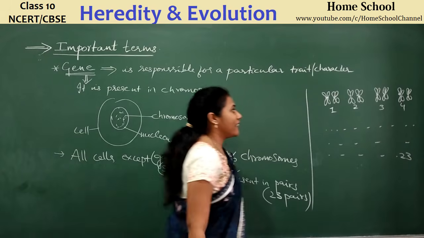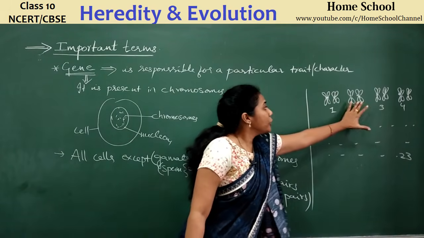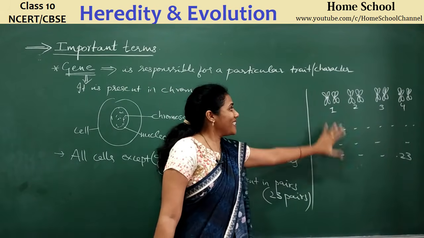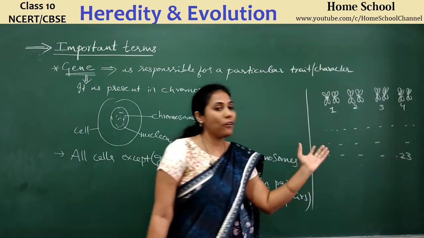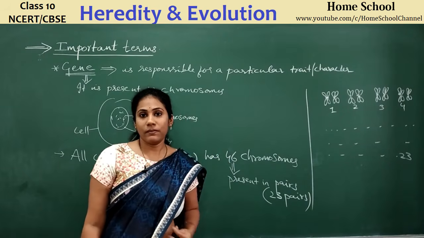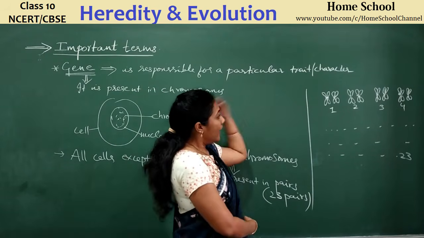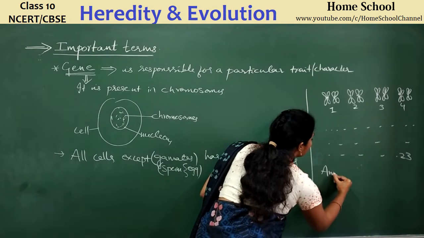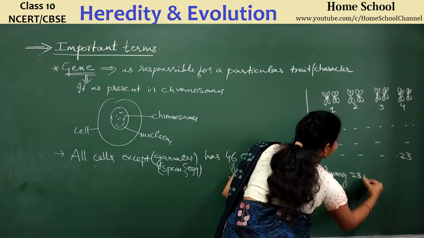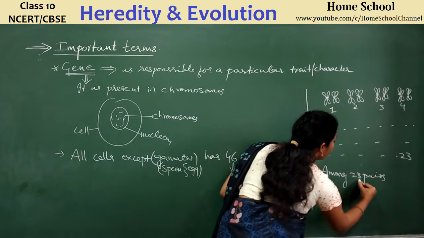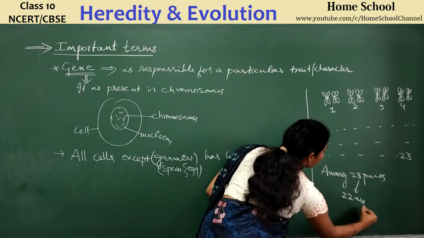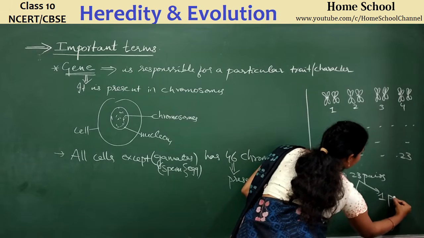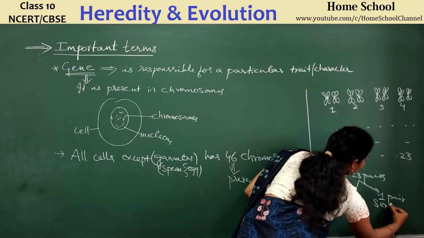23 pairs are there. So like this, 23 pairs are there. Got it? 23 pairs in the sense, if you take single chromosomes, how many? 46 chromosomes. Fine. And now, among these 23 pairs, 22 are normal chromosomes, and one pair is sex chromosomes.